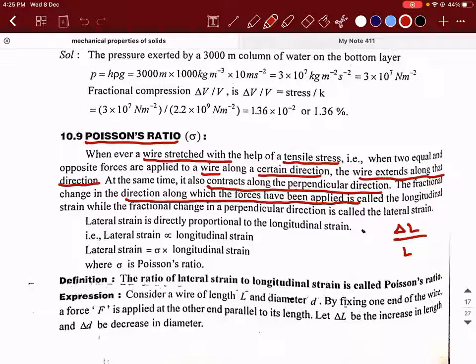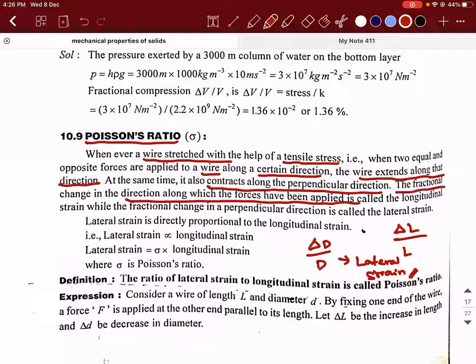But there is a strain that is happening perpendicular to the length also. That is delta D by D. Then what is the name given to this? This is what we call lateral strain. Okay. So I read the statement again.